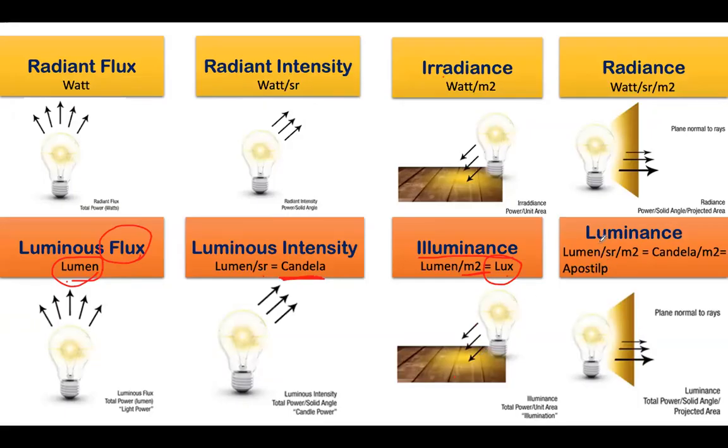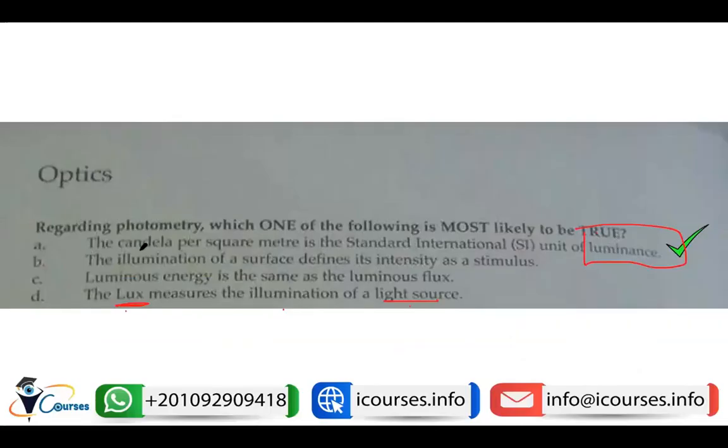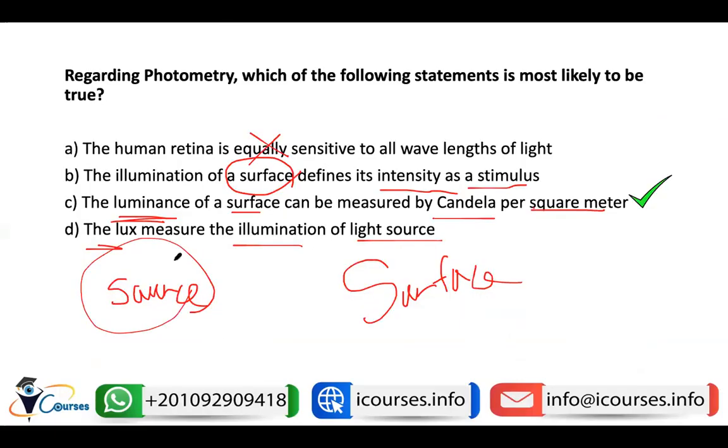While on the other hand, the luminance, without the IL, is measured by candela per meter square. Candela, which is the luminous intensity, per meter square is called the luminance. So according to the question, the candela per meter square is the luminance. Again, the luminance of a surface is measured by candela per square meter.